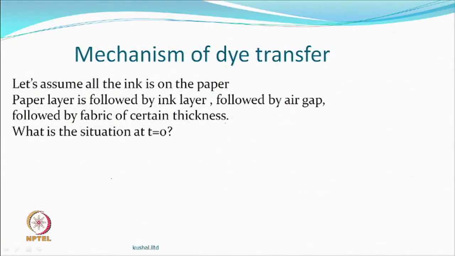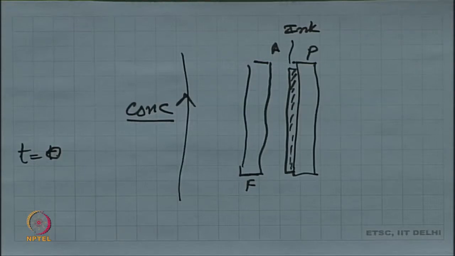So, we have ink on the paper layer followed by the ink layer, then there is an air gap followed by fabric of a certain thickness. Okay. So, this is what we expect to happen. This is the situation.